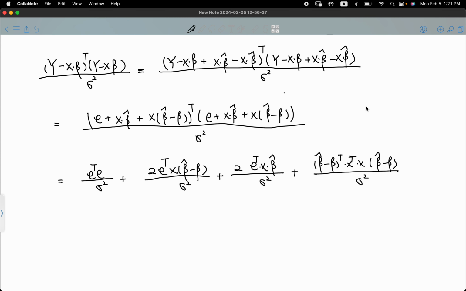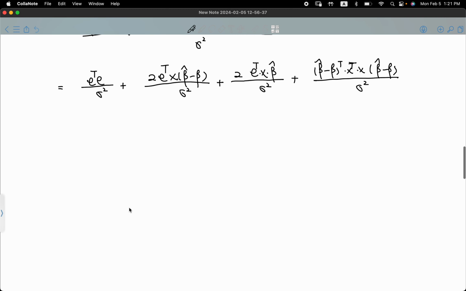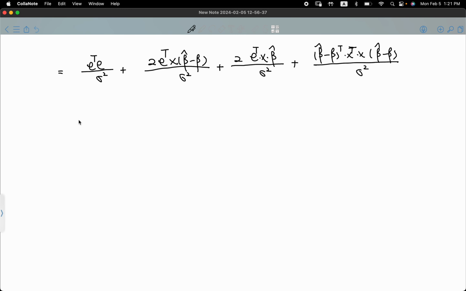One thing to comment, so maybe this is a fourth equation that we can get. Let's see.